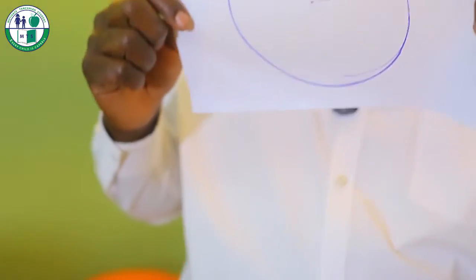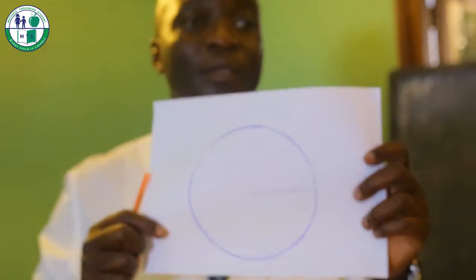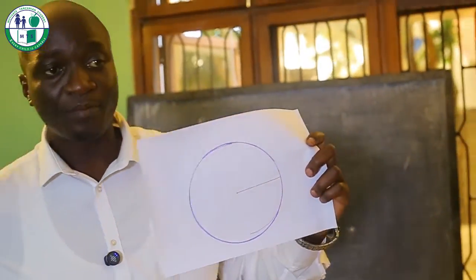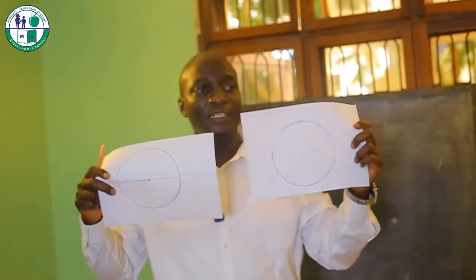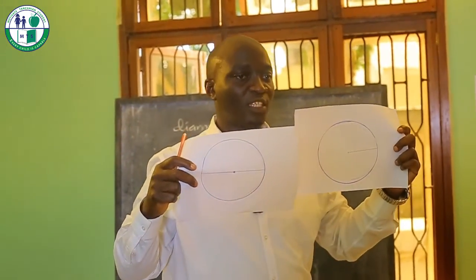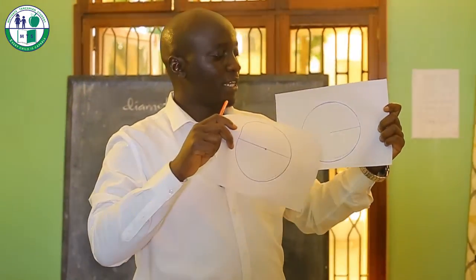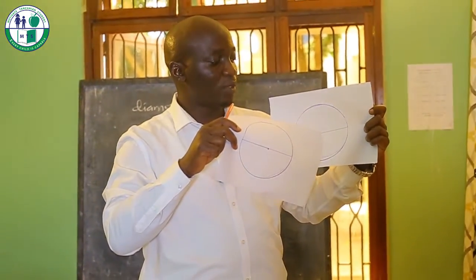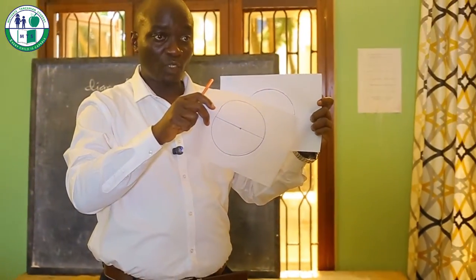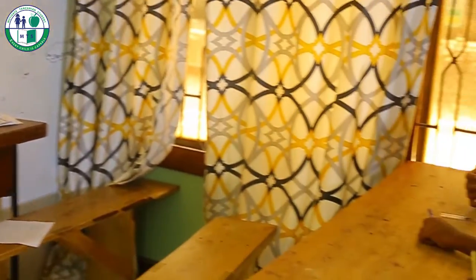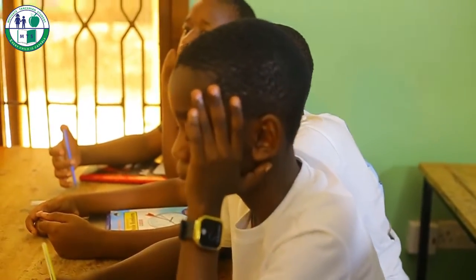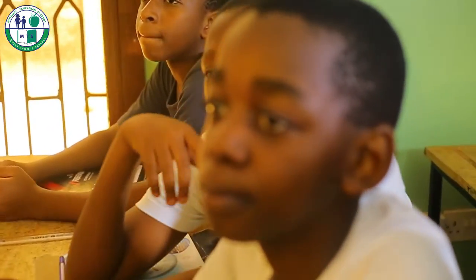Hapa tena kuna mstari mwingine hapo. You see there are two lines here. This one is a straight line passing through the center. This one here is a straight line starting from the center to the end of the circle. The longer one here is called diameter. The shorter one is called radius. For those for whom it's the first time, it's called radius.